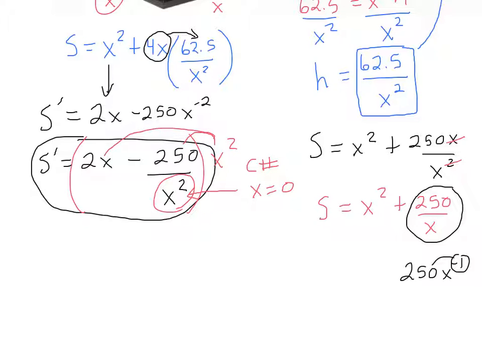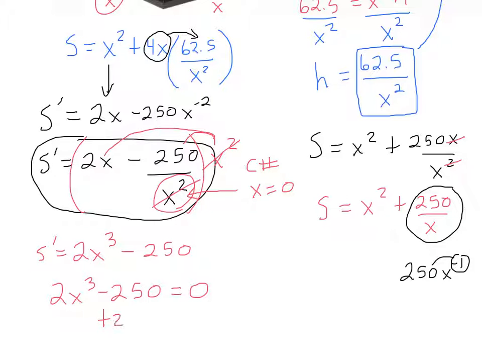Now when I do that, I get s prime equals 2x cubed minus 250 because the x squareds cancel, right? And so now I'm going to take my derivative, 2x cubed minus 250, and I'm going to set it equal to 0 so I can see where the slope of the tangent line equals 0, because then I'm guaranteed either a max or a min.